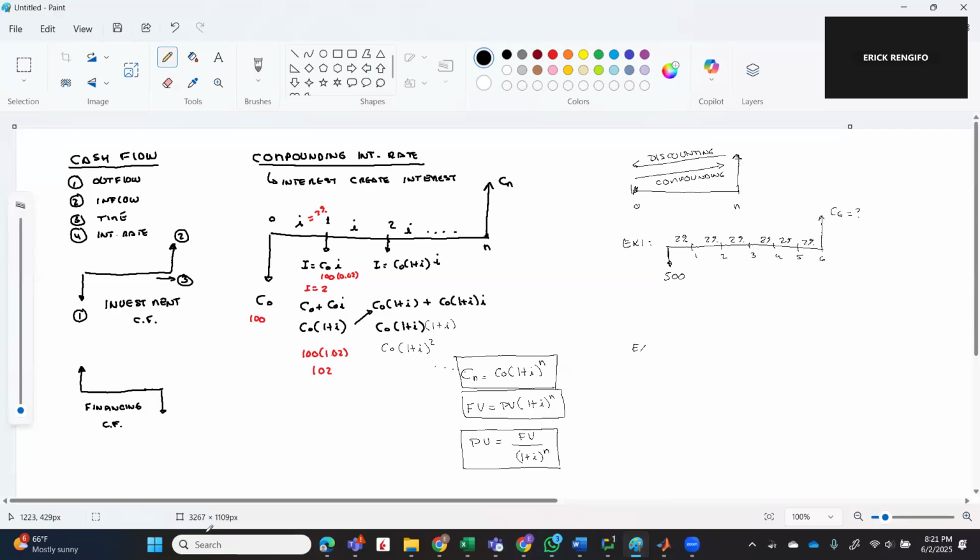The second one, please start programming this one here. Now you make a deposit now at time 0, $500.